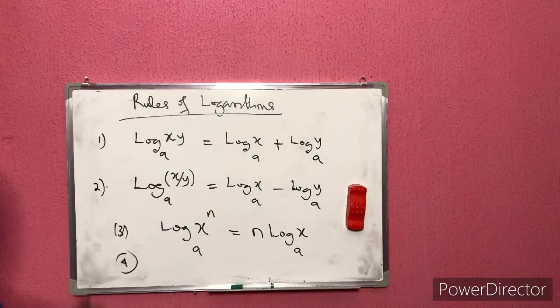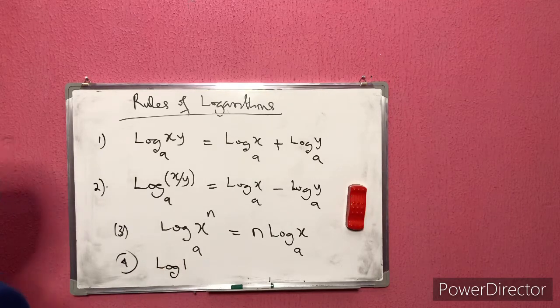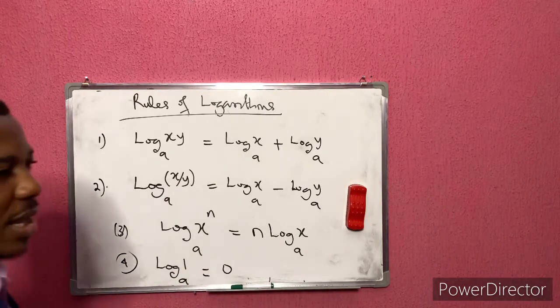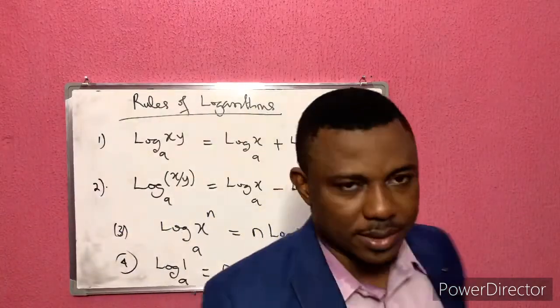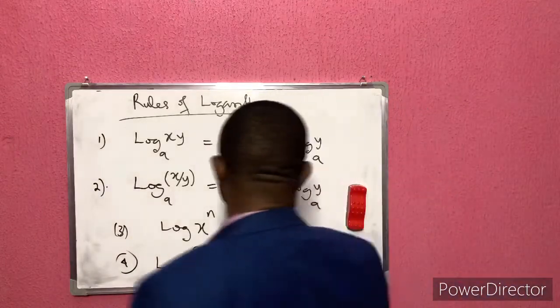The fourth law says logarithm of 1 to any base will give you 0. The logarithm of 1 to any base is 0. Do not forget.